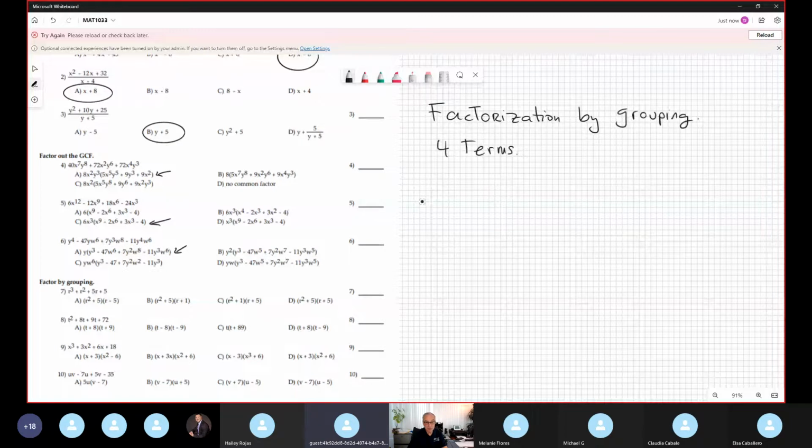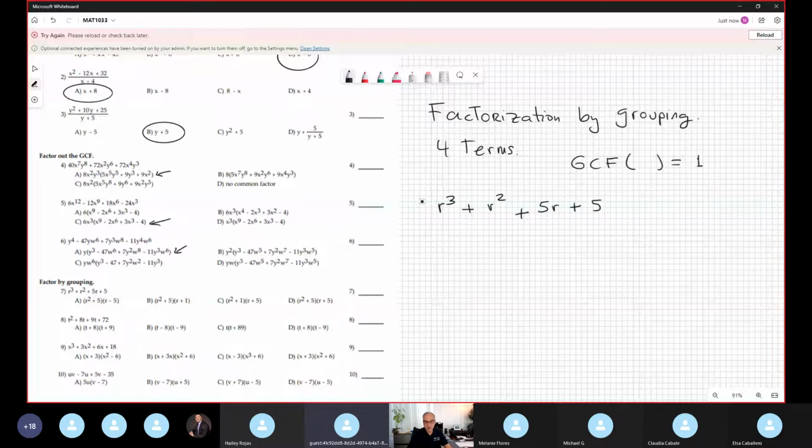The reason is because, for example, number 7: R cubic plus R squared plus 5R plus 5. In this example, the greatest common factor of the whole expression is nothing, it is 1.